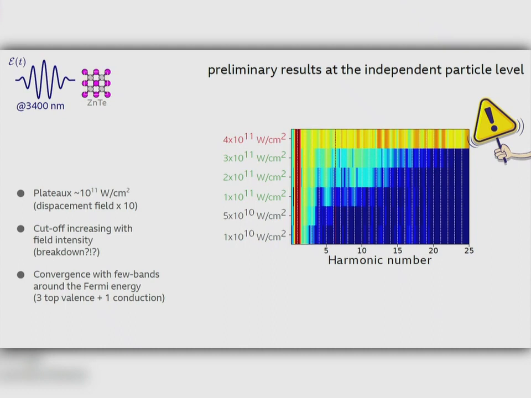We also observed that increasing the field intensity, we saw an increase in the cutoff. Unfortunately, there is also some breakdown that we are currently looking at. One thing that I think is already interesting in terms of modeling this with a simple model is that our spectra converge very quickly with the number of bands. In fact, we only need to consider the bands around the Fermi energy to get a converged spectrum.